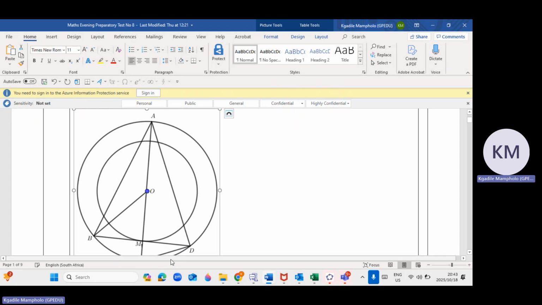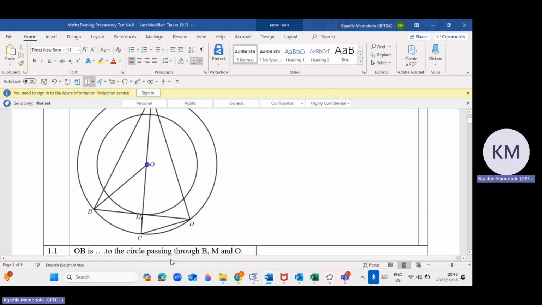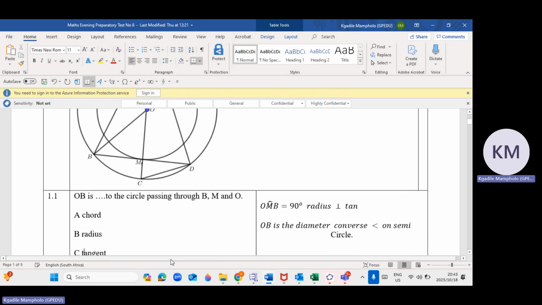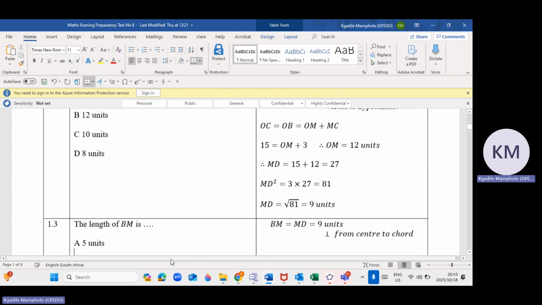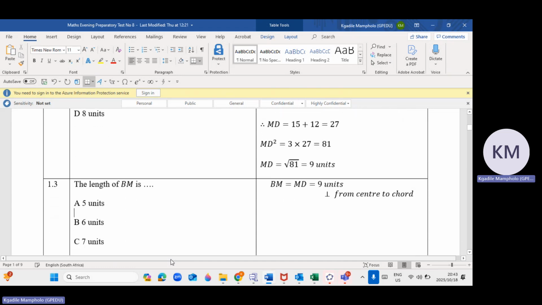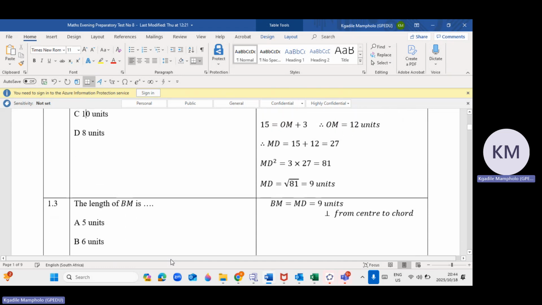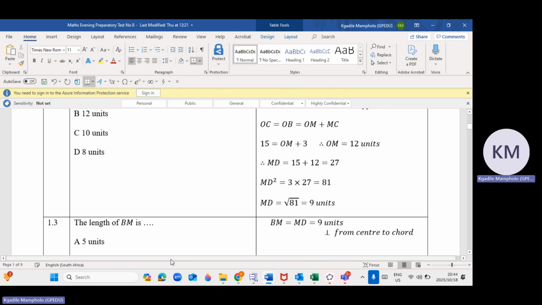If two triangles are similar, the corresponding sides are proportional. When you write that in that order, you'll find that MD squared equals AM times MC. Then you'll just make MD the subject of the formula. Then you'll find that MD equals 9 units.